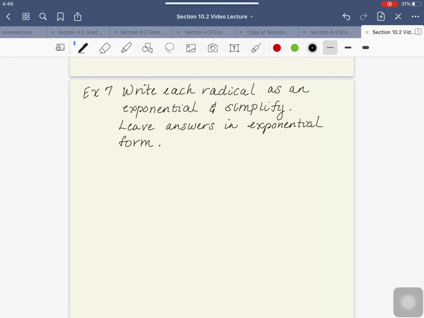All right, and I think this is actually the last example. We want to write each radical as an exponential and simplify, and then leave the answer in exponential form. So not in radical form, but exponential form. All right, first one is the cube root of x squared times the 4th root of x.